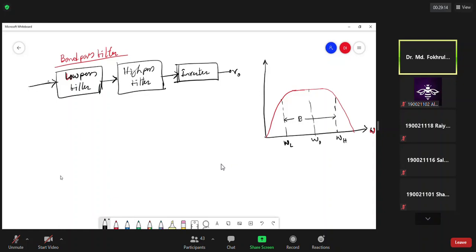If you consider that the value of this one is K, then the corresponding 3 dB value will be 0.707 K. This is sometimes called the 3 dB value or half power point value, the magnitude.